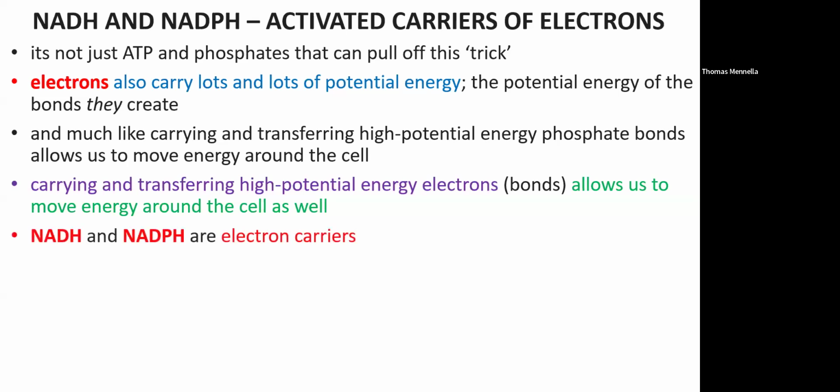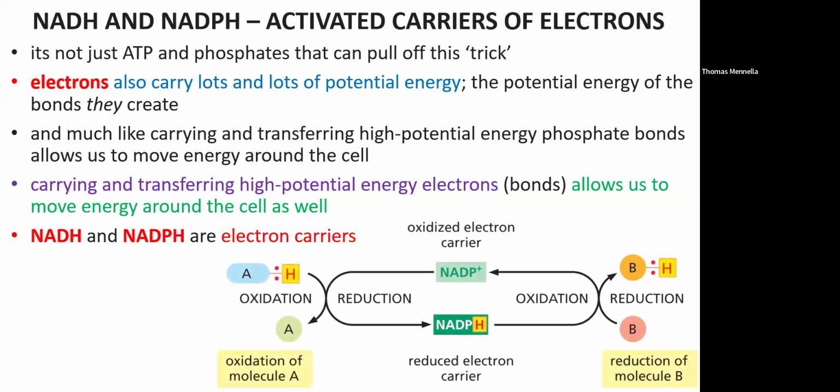And our carriers of that energy, the carriers of the electrons, are molecules such as NAD and NADP, and also FAD. When those carriers have been reduced and they are physically carrying electrons, they are capable of making new bonds because they've gained electrons, and they typically make those bonds with the most plentiful atom around, which is hydrogen. So reduced NAD becomes NADH, reduced NADP becomes NADPH. That's when they're carrying their electrons.